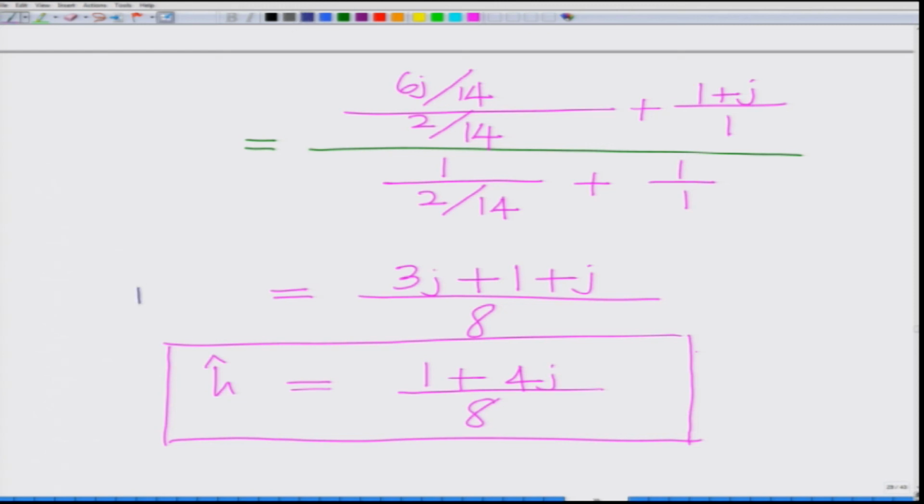What is this? This is the MMSE estimate of the channel coefficient H.